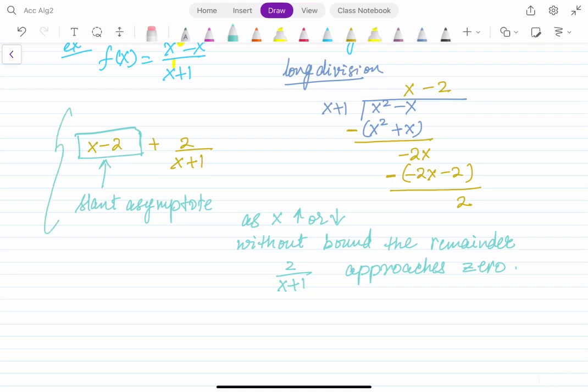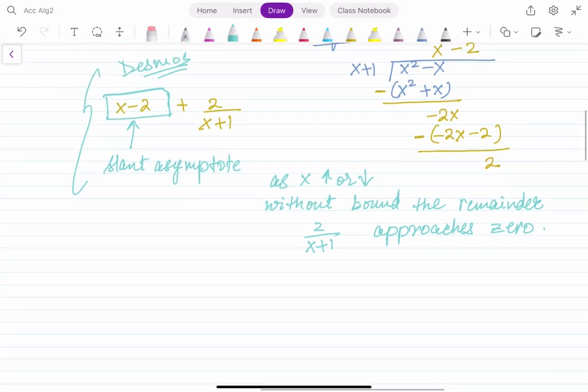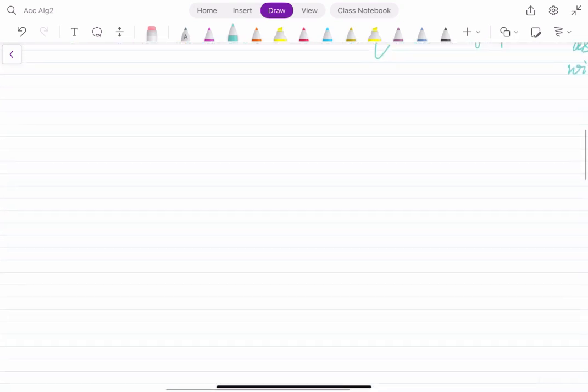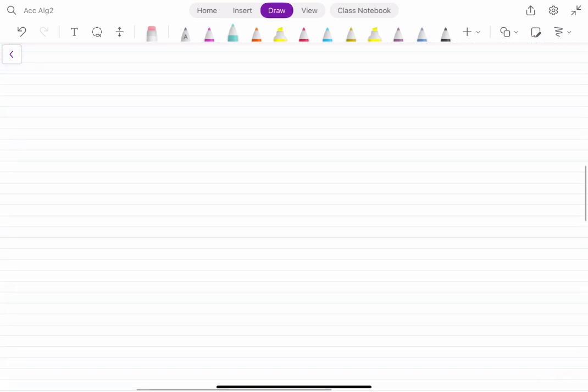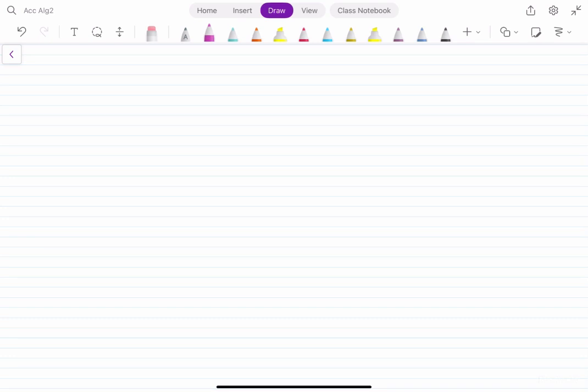And once you have the slant asymptote, you can figure out more points. You can figure out the x-intercept, y-intercept, and then you can use Desmos or a graphing calculator to graph this basic function. Now, keeping this in mind, let's take one more example.